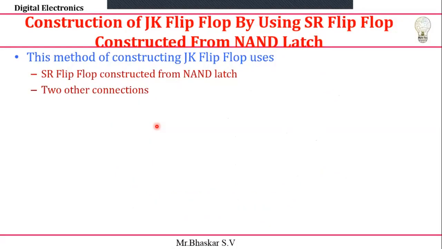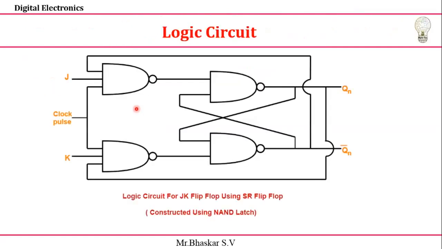Next, suppose we construct it using a NAND latch. Same thing. First you construct the SR flip-flop using the NAND latch, and later you make two other connections, and it becomes a JK flip-flop. You already know that to construct an SR flip-flop from the NAND latch, it requires a NAND latch along with two NAND gates.